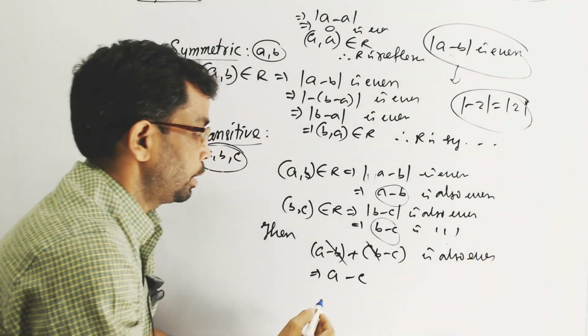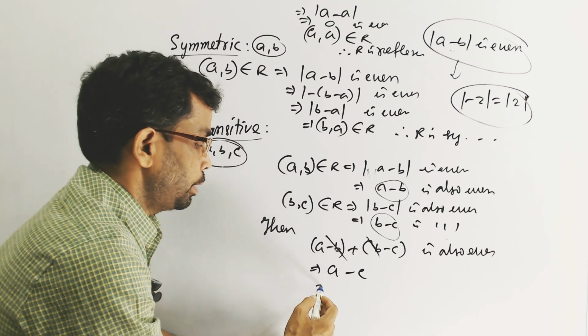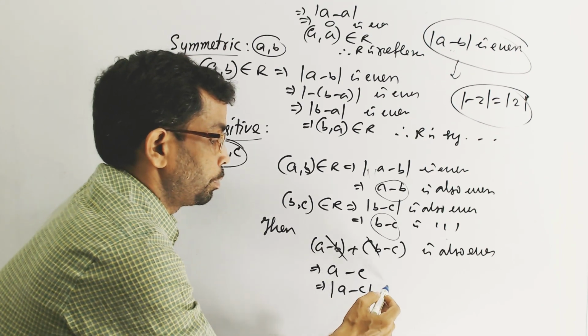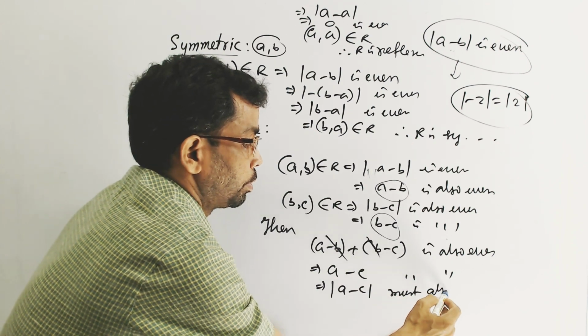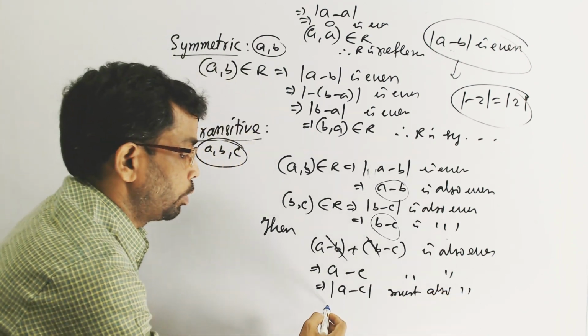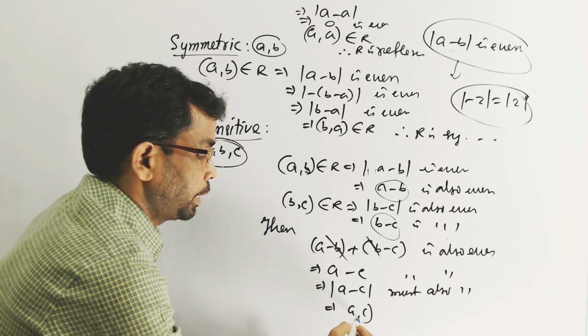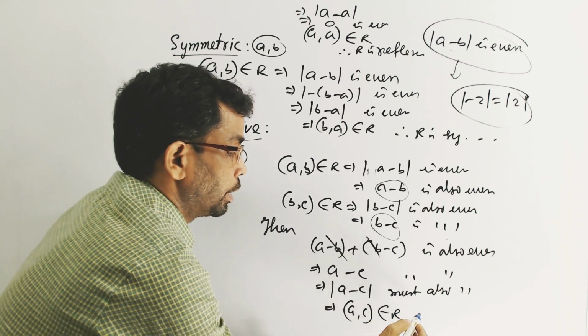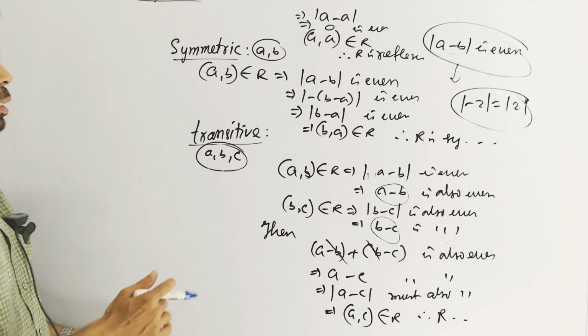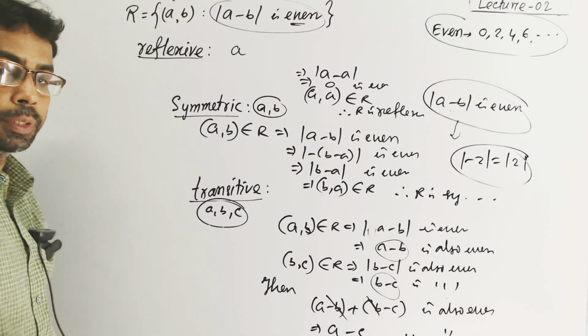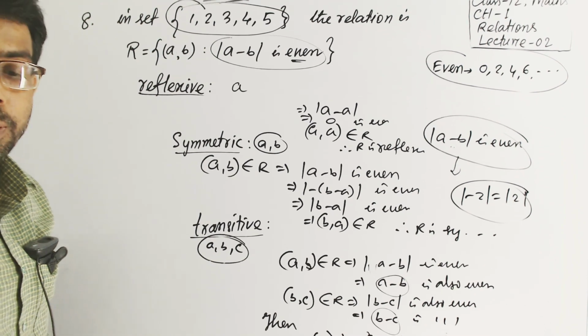That means the difference A minus C is even, then their modulus must also be even, and modulus of A minus C is also even. That means the pair AC is in the relation, therefore the relation R is transitive, and hence the relation is reflexive, symmetric as well as transitive, so it is an equivalence relation.